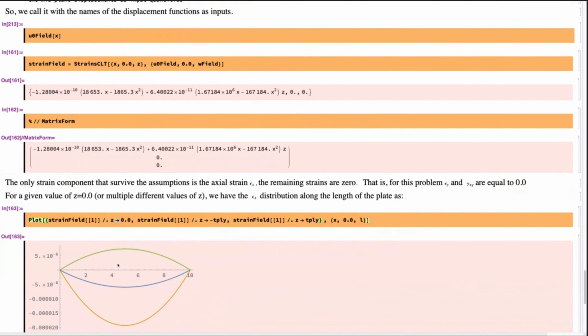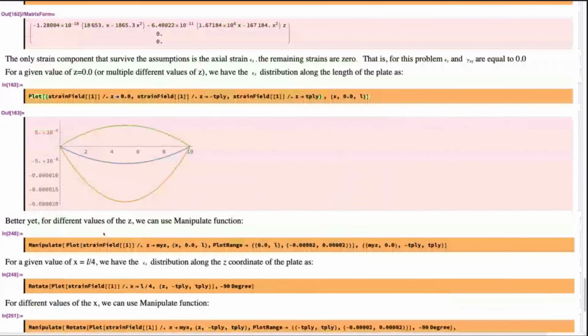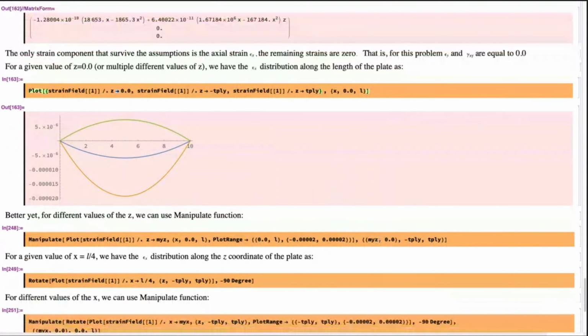So you can see that strain at the left end is 0, at the right end is equal to 0. But if you are actually evaluating the strain along the length here, it does have a value. Again, I put manipulate in there.